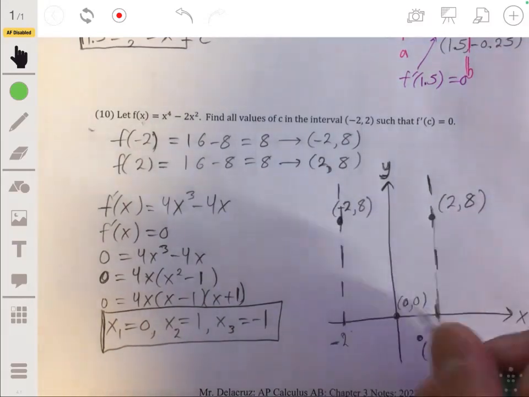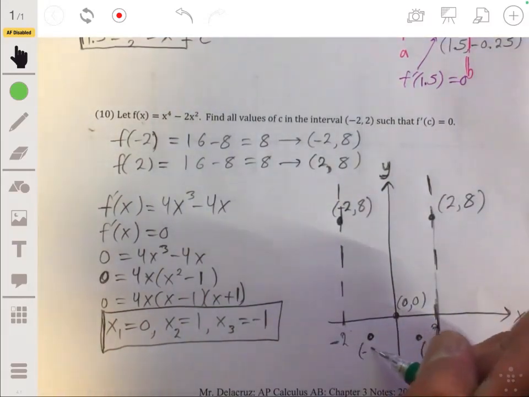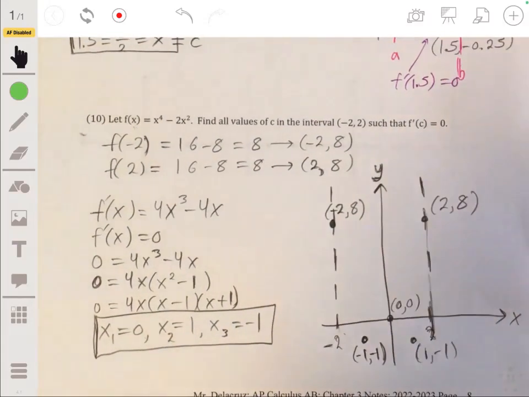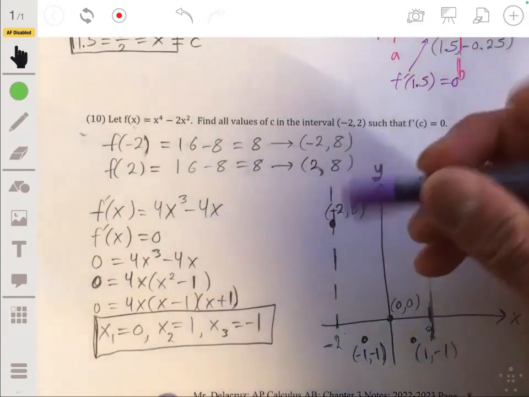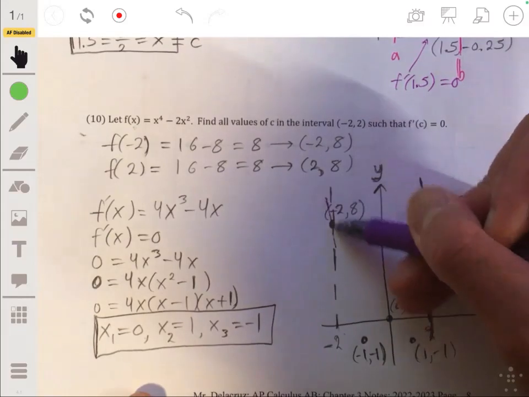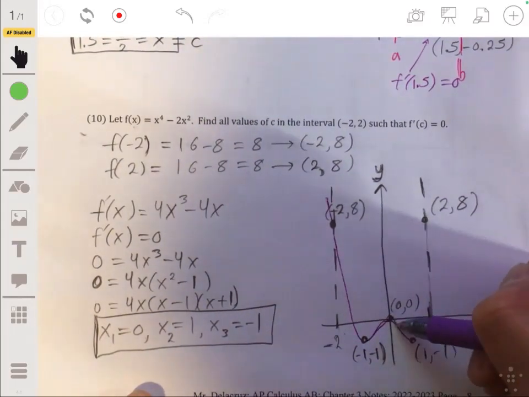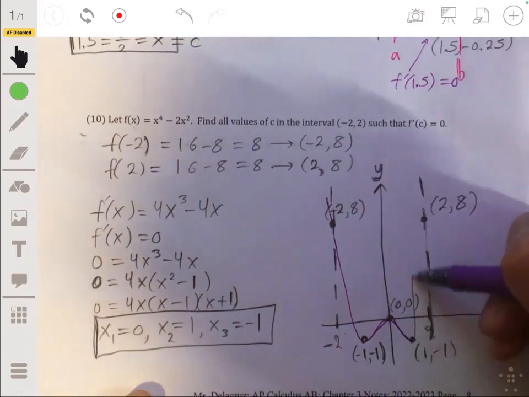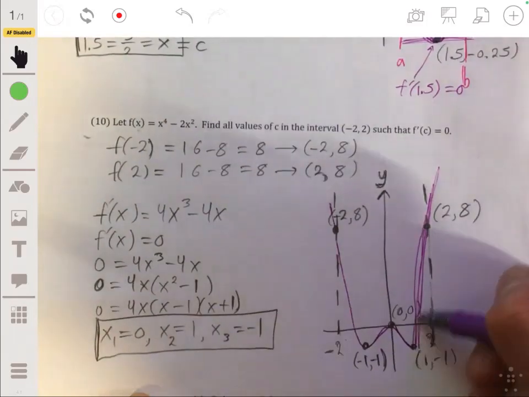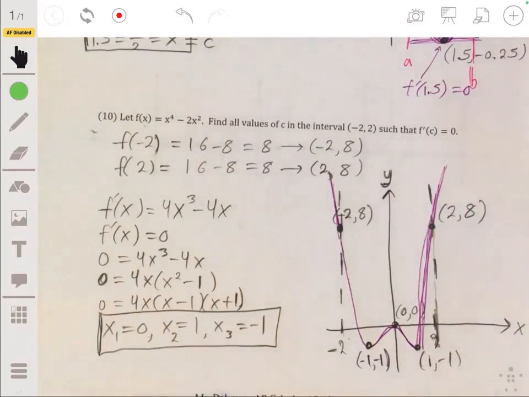Same thing if you plug in -1, you get (-1, -1). The function does this sort of thing, symmetrical. I try to draw it as best as I can. It's kind of a butterfly-looking thing.